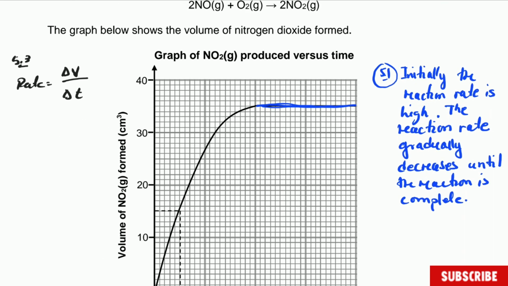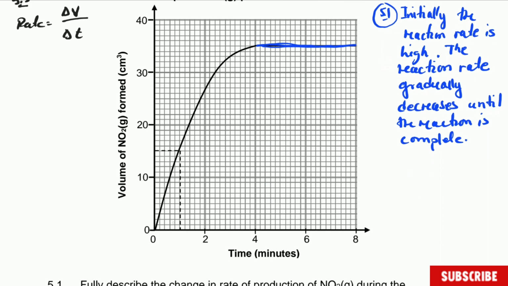So here, change in volume for the first minute. If you go there, 1 minute is marked on the graph. So the volume at that point was 15. So then rate is equal to 15, the initial volume was 0, divided by the time.